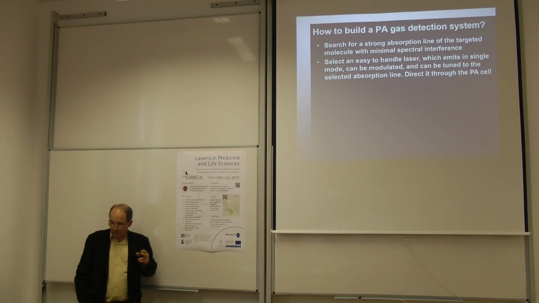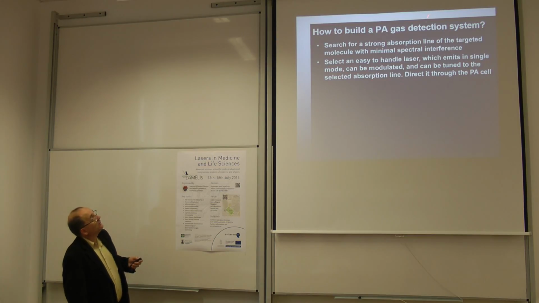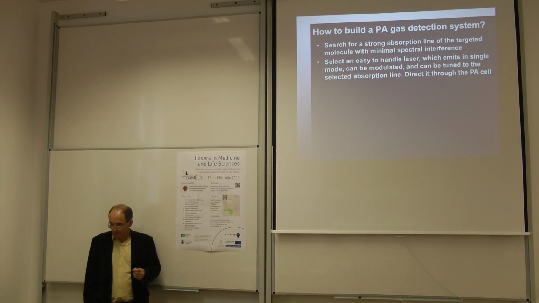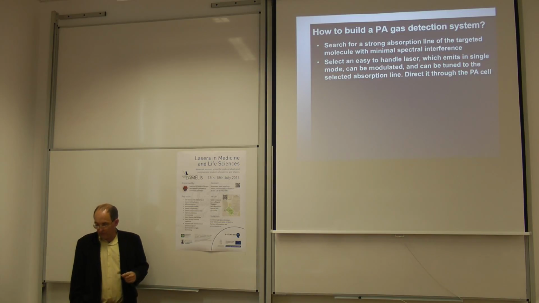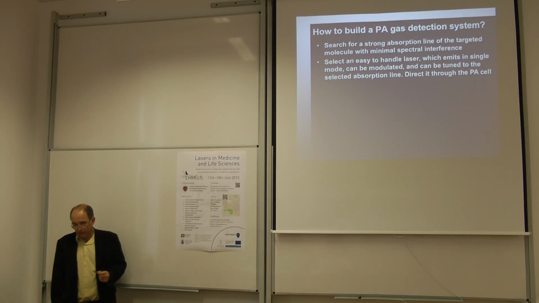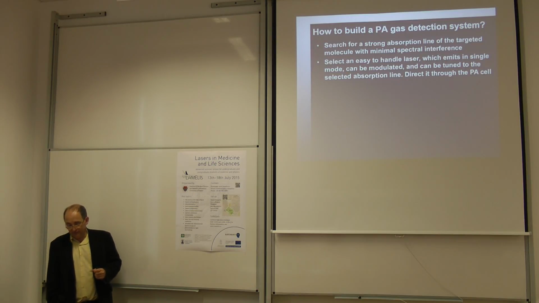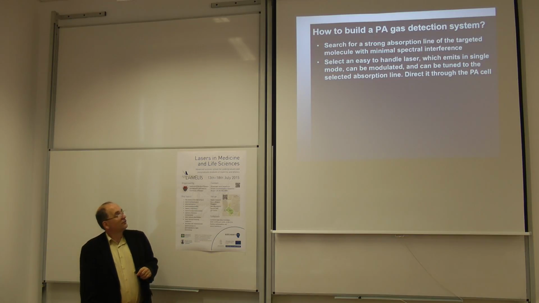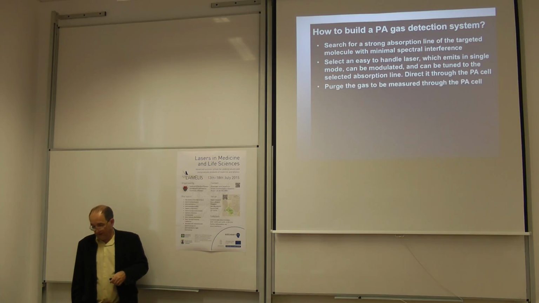Then you look for a laser which is easy to handle, which preferably emits in a single mode, which can be modulated and which can be tuned to the selected absorption line. And you direct this laser through the photoacoustic cell.